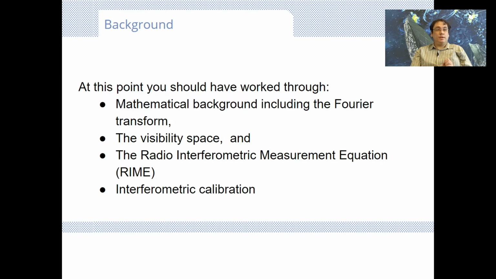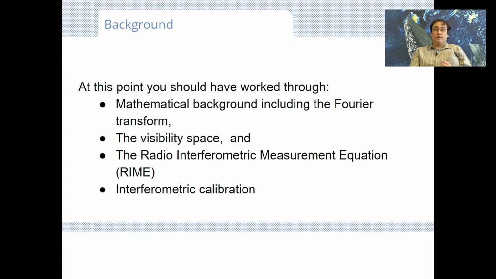Now, at this point, what you should have looked at already, if you're not joining us live, is the mathematical background section coupled to interferometry, and that especially includes the Fourier transform, so you should have looked at all the properties for that as well. Then you should have looked at visibility space. Remember that the interferometer measures the spatial coherency domain of a sky distribution, and that measurement we refer to as visibilities.